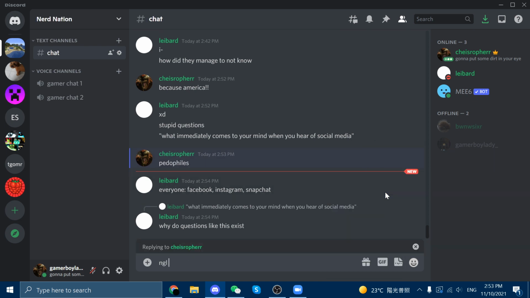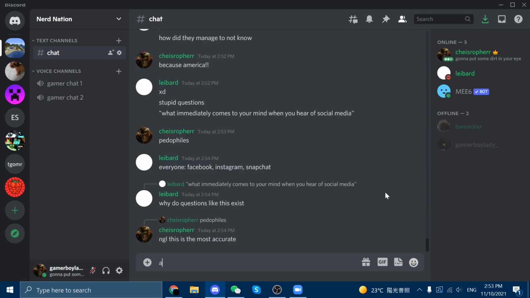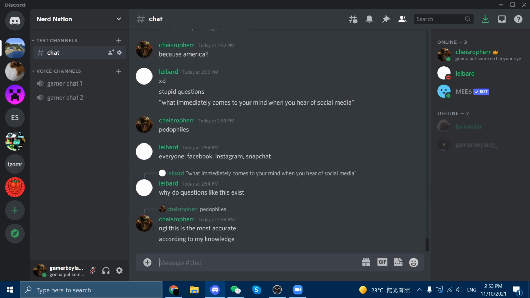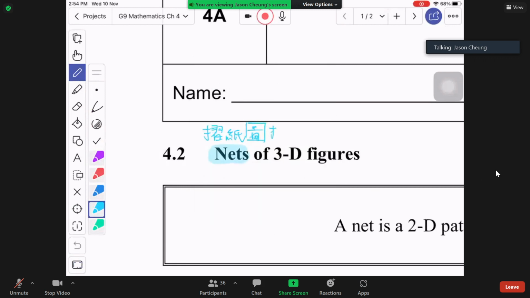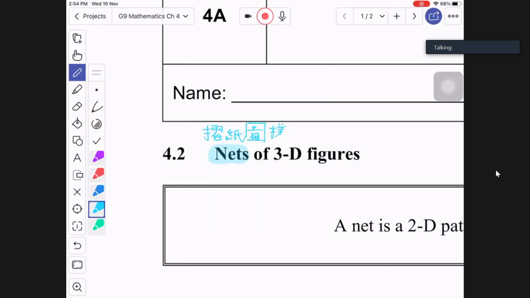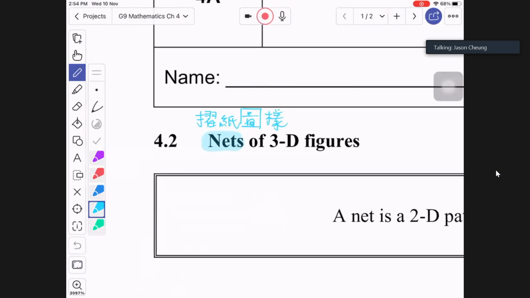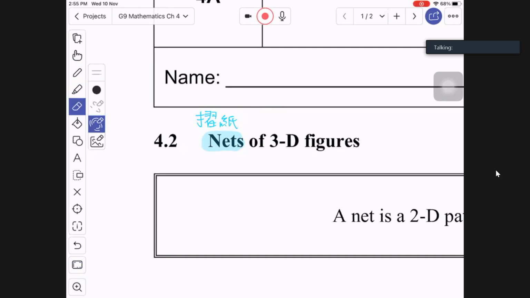The net here means that we are going to do something like a VA lesson, right? So here we are going to learn something related to the net. Well, I think it is not that beautiful. Let me write it clearly.